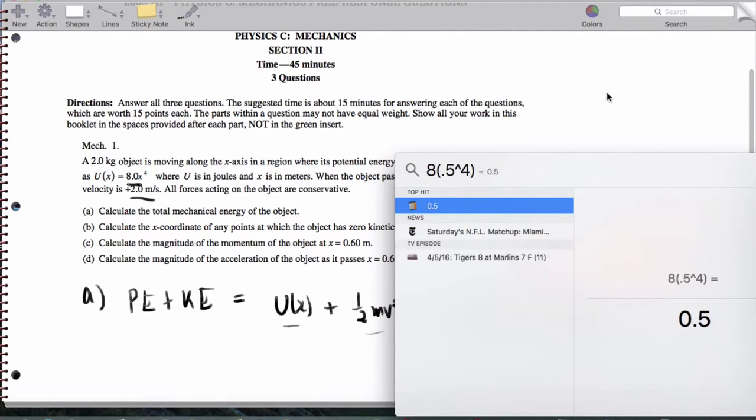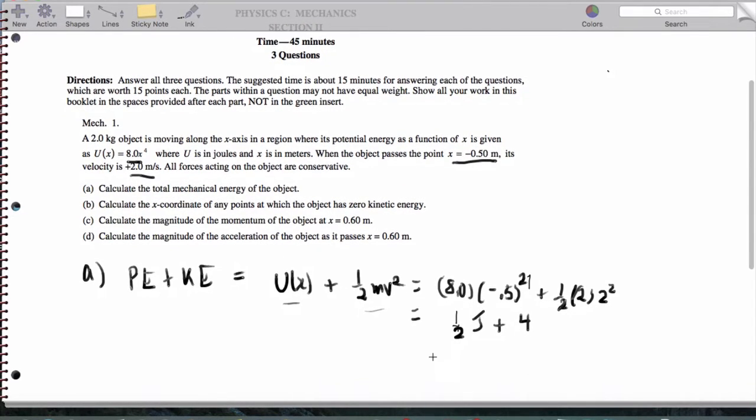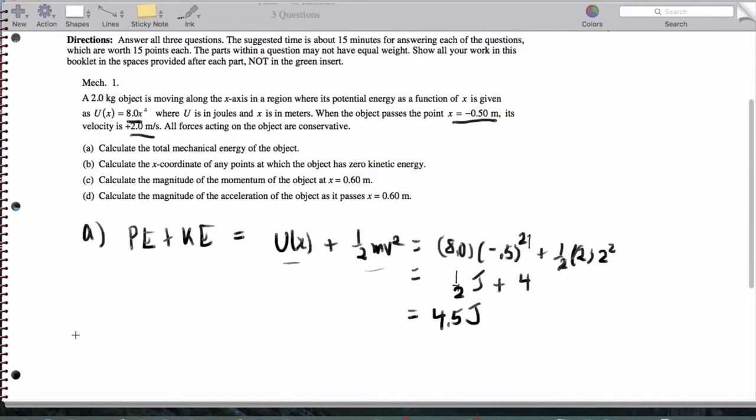I think it's going to give me half a joule, yeah. So this is to the fourth, sorry. It's going to give me 1/2 joule, plus here I've got an additional 4 joules of kinetic energy. So I'm getting 4.5 joules of energy total.